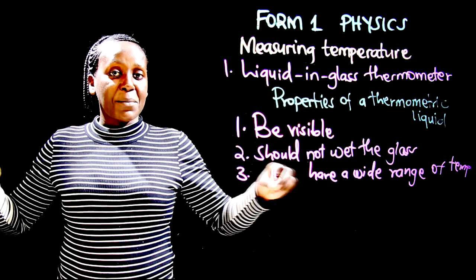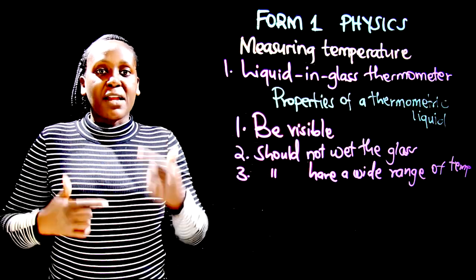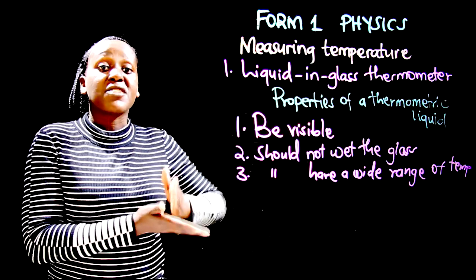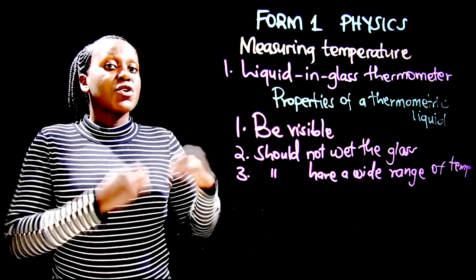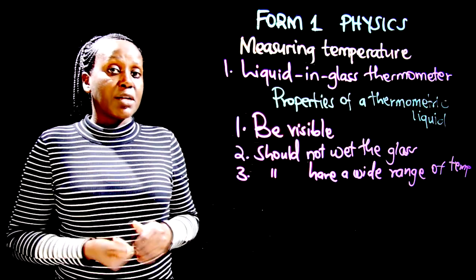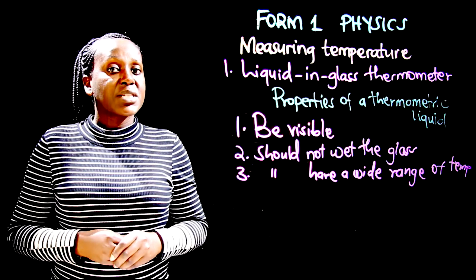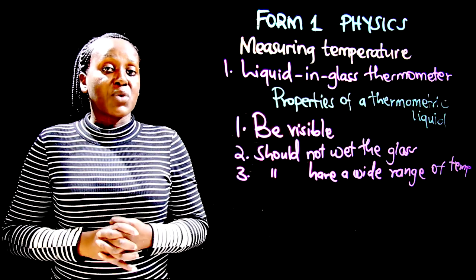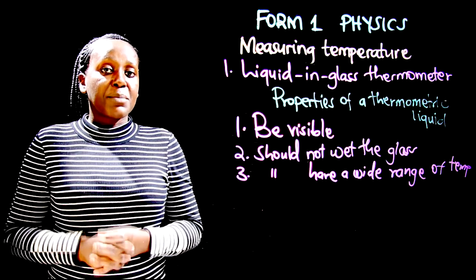so that there is a wide range of temperature that it can measure. If we use it to measure a temperature above its boiling point, it will boil and we will not be able to get the correct temperature.